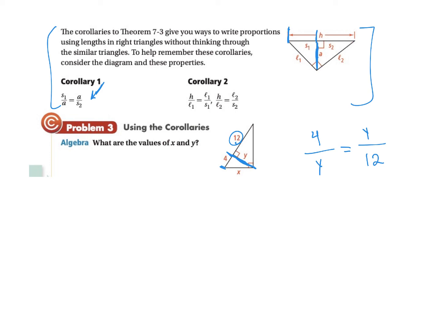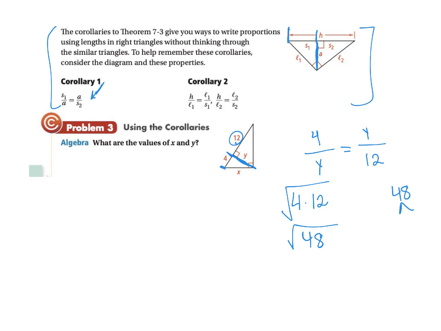Okay, so 4 times 12, and take the square root of that. Well, sorry, I just dropped my phone. So 4 times 12 is 48. And I'm going to do a factor tree with 48. Now, if you leave it as square root 48 or give me the decimal for it, I'll still count it.